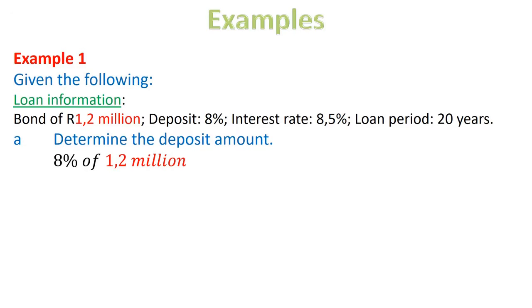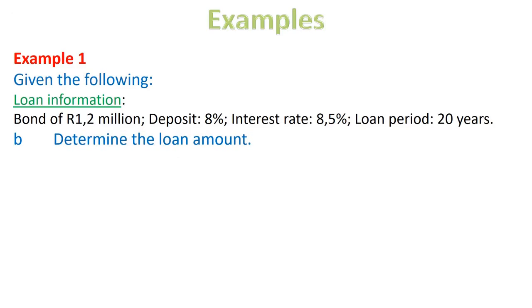How do we do that mathematically? It's 8% times 1.2 million, which if we write it out in full is 1,200,000. We put that in our calculator, we press equals, and we get 96,000, and that is the amount of deposit we have to put down.